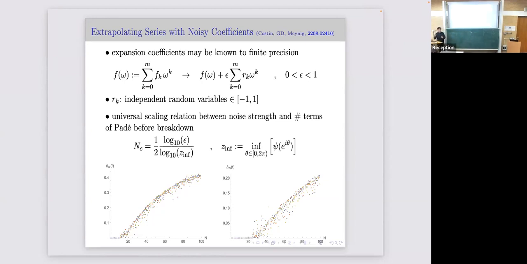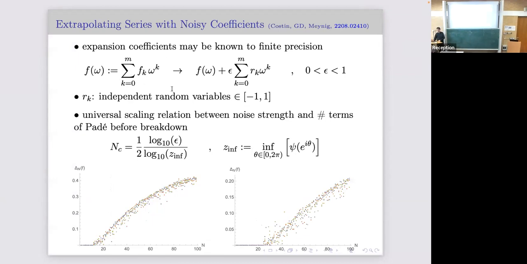Let me show you what happens if it's uniform. So imagine you've got an expansion, some coefficients, and you add some independent random variables with some strength. This is more or less equivalent to just saying, I give you the expansion coefficients and you truncate them to some precision. What you discover is that there's a universal relation between the number of terms you have in these Padé procedures and the strength of the noise.